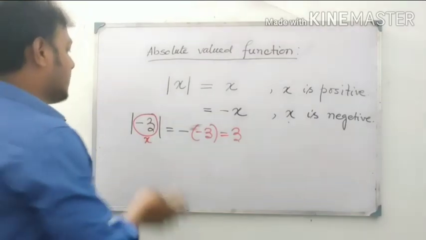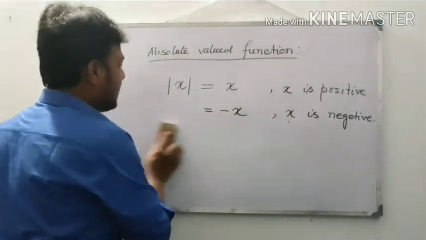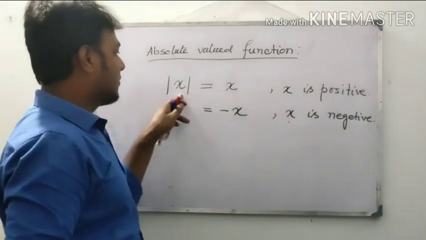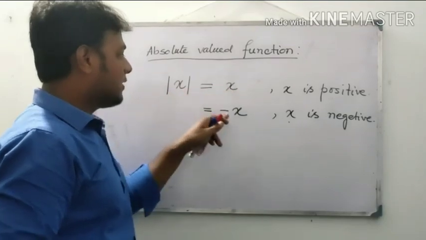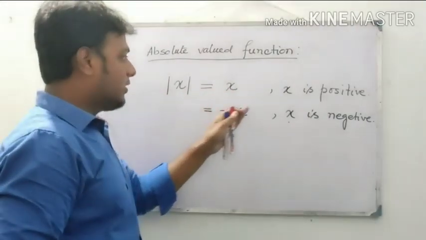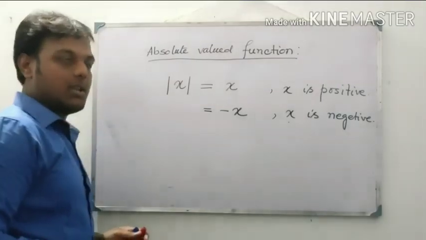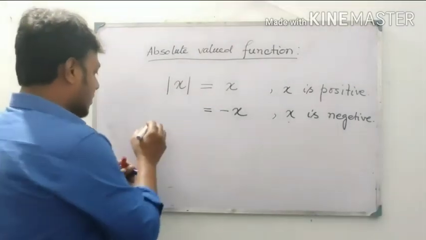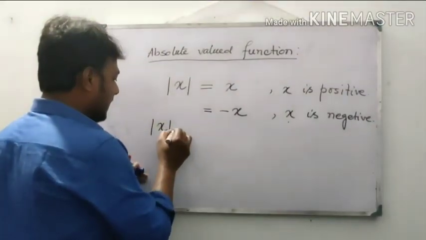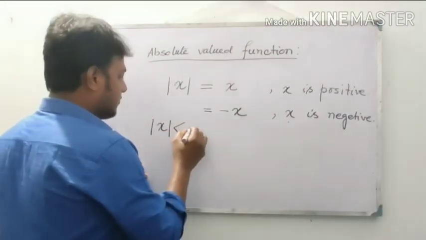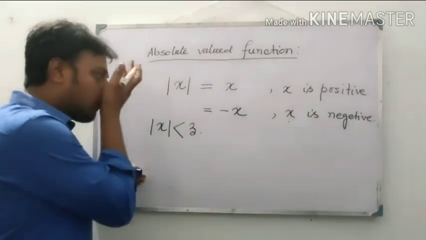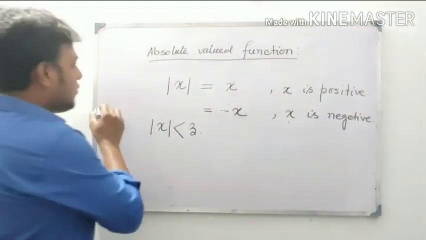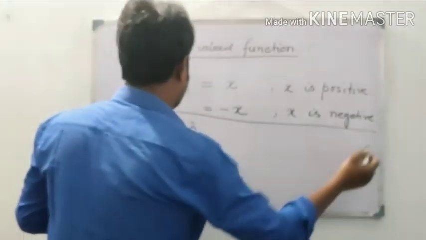This is the exact definition of the function. So mod x means two things: one is x, another is minus x, and that depends on whether x is positive or negative. So to solve an inequation, suppose mod of x less than 3 is given. How to solve this linear inequation?